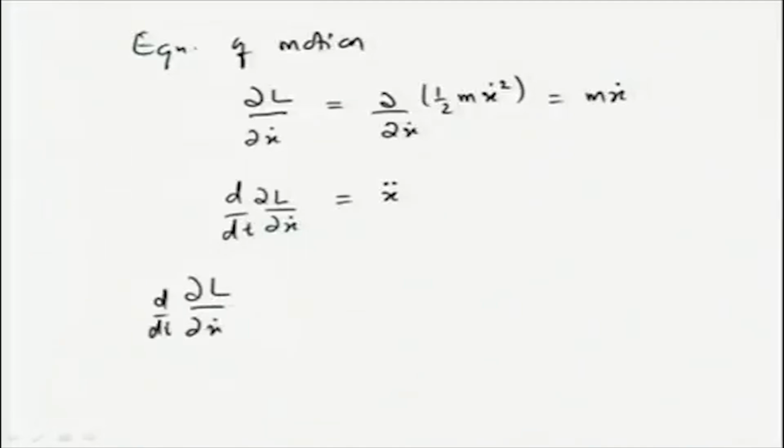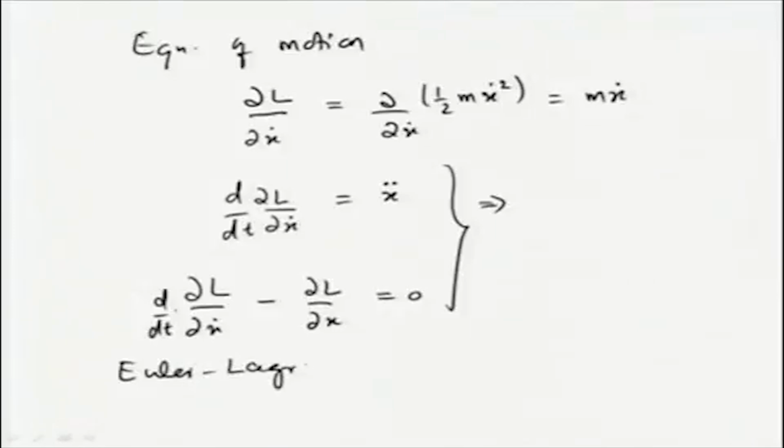The equation of motion for any Lagrangian with one such coordinate is: the time derivative of the derivative of the Lagrangian with respect to velocity, minus the derivative of the Lagrangian with respect to the coordinate itself, is equal to 0. That is the equation of motion, which is called the Euler-Lagrange equation of motion.